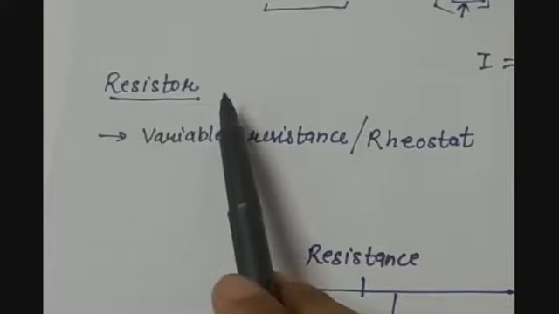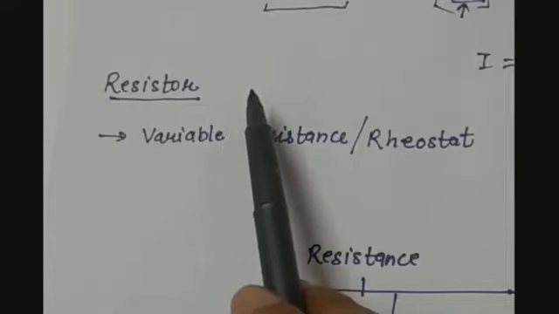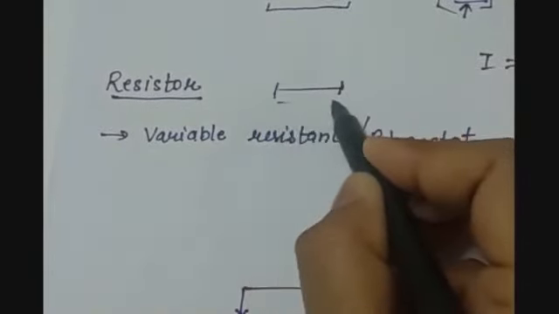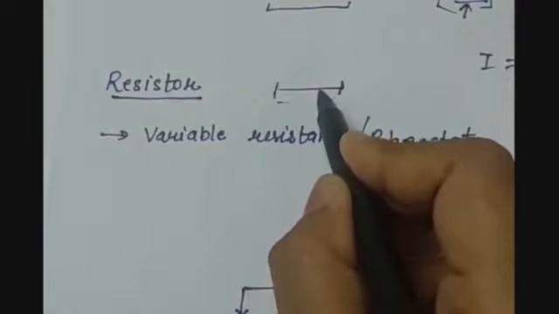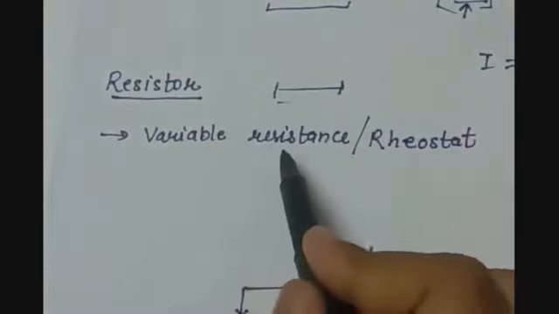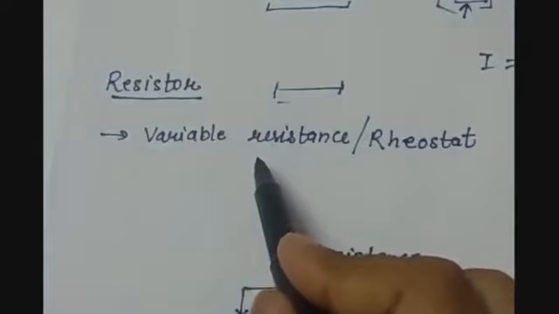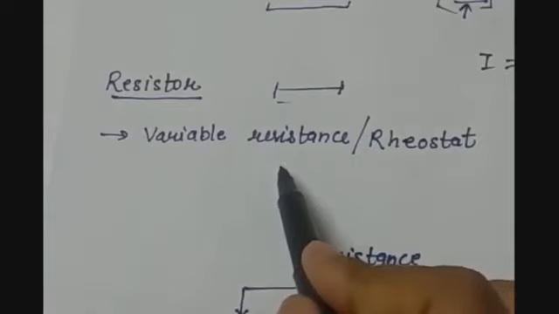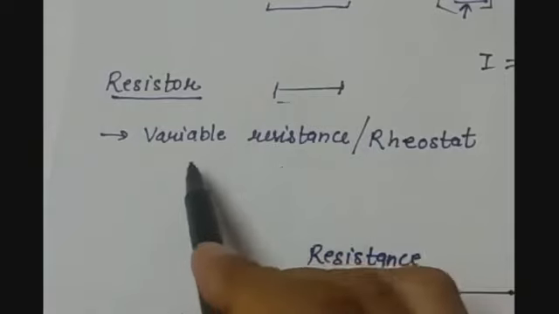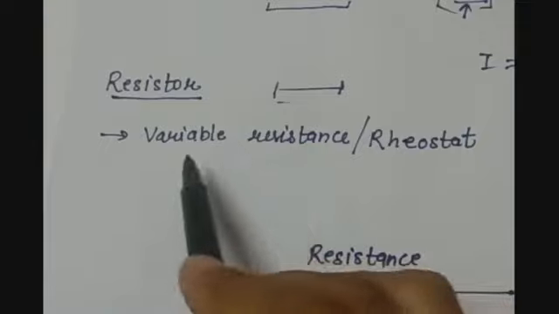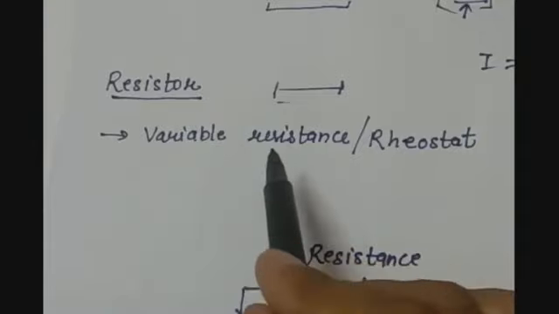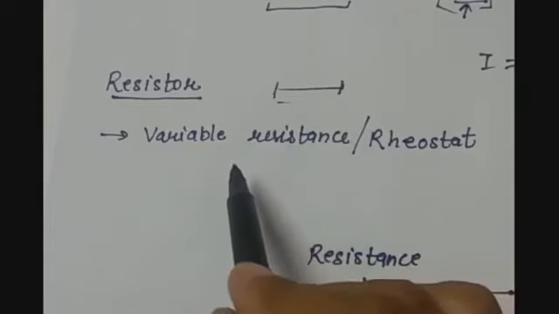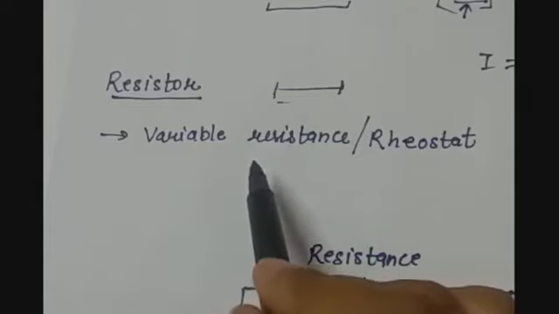Fixed is having a particular value, or you can say if we take a particular length of a conductor, then this will have a fixed value of resistance in it. And variable resistance is a component used in the electric circuit to change the current without changing the potential difference across the circuit. That means with the help of this variable resistance, we can change the current value in the circuit without changing the potential difference applied across the ends of the resistor.